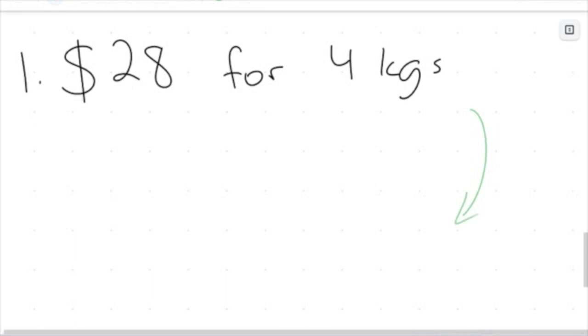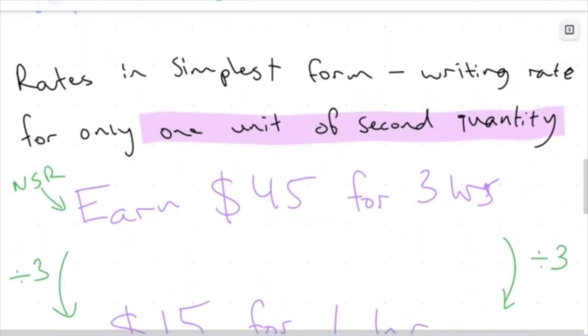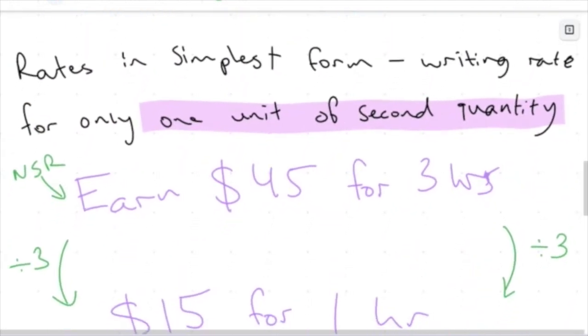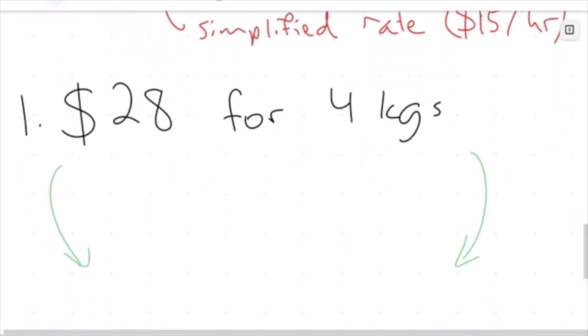So I want to find what I'm getting for how much I'm paying for 1 kilogram, because I'm going back to this definition again. Rates in their simplest form are written for only 1 unit of the second quantity. This is my second quantity. I want to write how much I'm paying for 1 kilogram instead of 4.